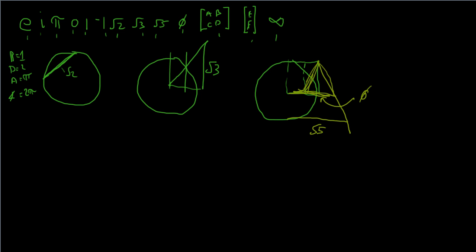Getting students to learn that you can express the values as a length. So for instance, this is obviously the length square root of 2, and this is the length square root of 3.